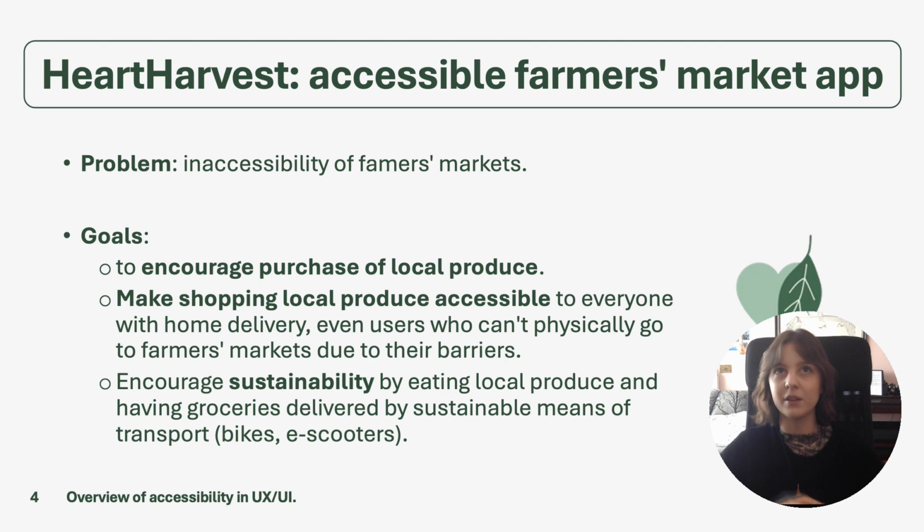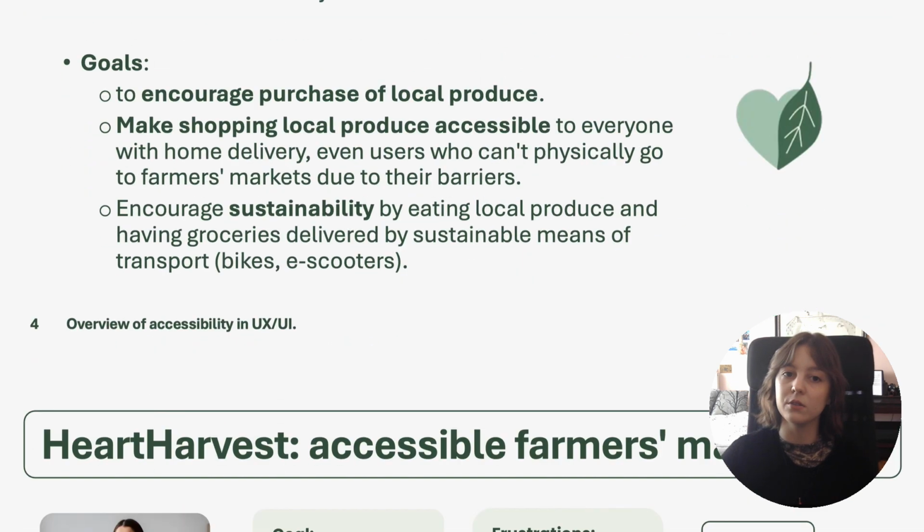So it's practically impossible for anyone with any kind of motor limitations to go to the farmers market in person. So from that, the idea was to design an app which solves this problem by enabling users to buy local produce through the app and then having the groceries delivered to their doorstep.